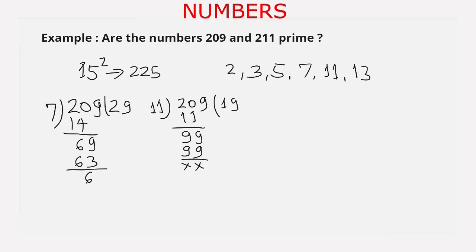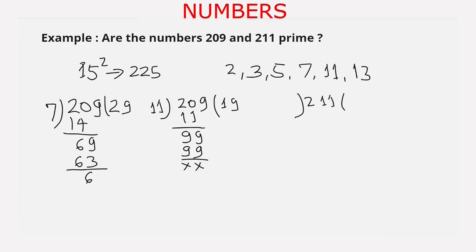Now we will test it for 211. As we know, the sum of the digits of 211 is not divisible by 3. So it is not divisible by 3. As it is an odd number, it is not divisible by 2. As it is not ending with 0 or 5, it is not divisible by 5.